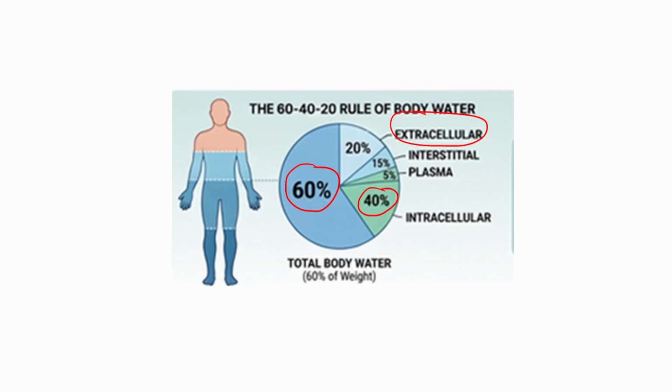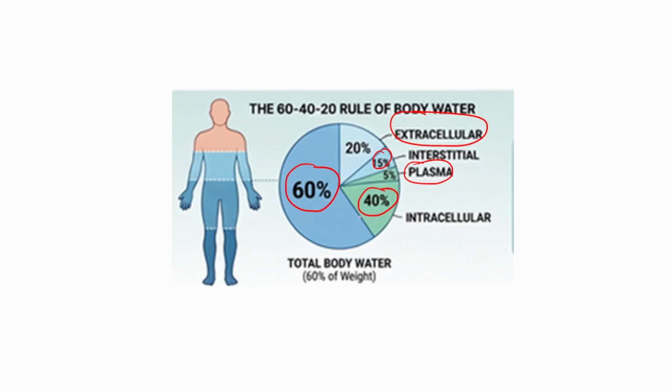We further subdivide this extracellular zone into 2 subcompartments. 15% is localized within the interstitial space bathing the tissues, and the final 5% is trapped inside the vascular system as plasma volume.